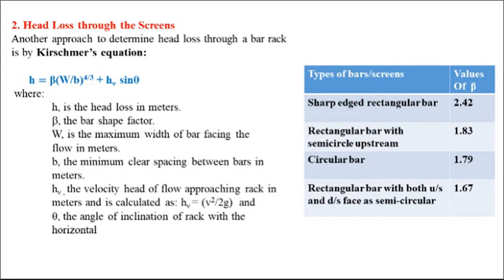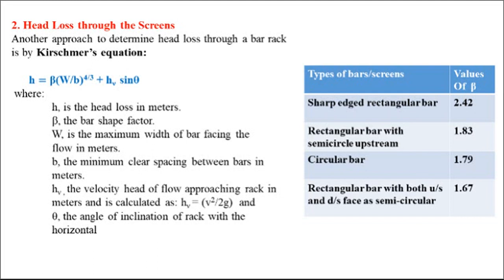Now depending upon the shapes of the bars, we have to use the value of beta from the table. So first type of bars, sharp edged rectangular bars, the value of beta is 2.42. Rectangular bars with semi-circular upstream face, 1.83.